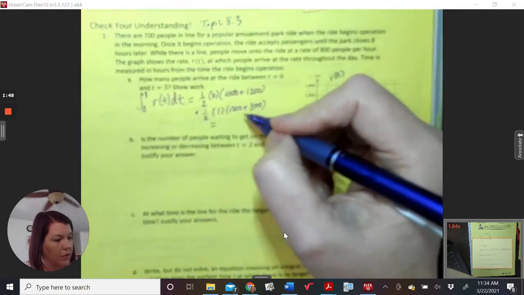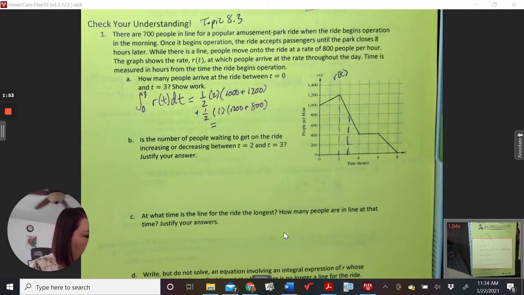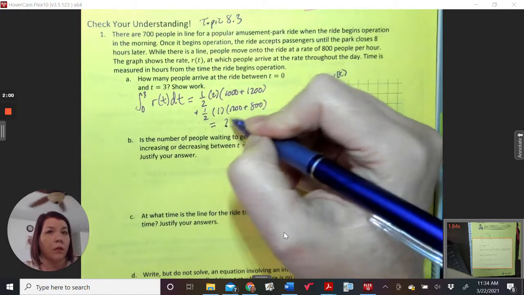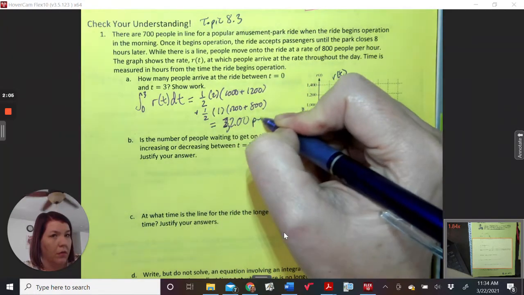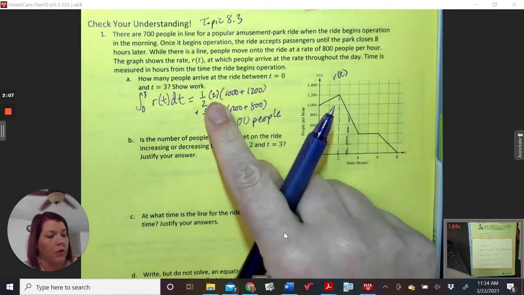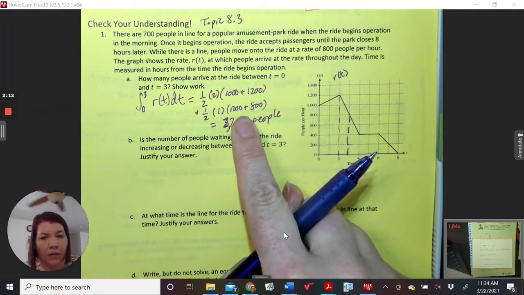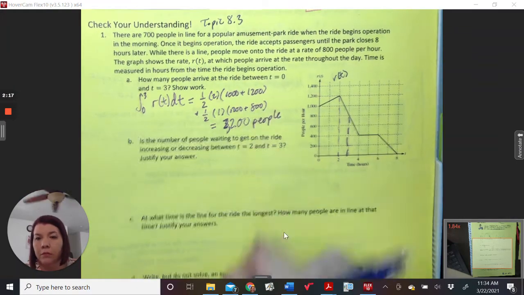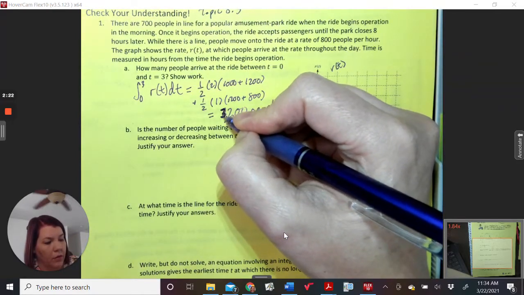So this is 3,200 people. Because this first one is just 2,200, this second one is half of that, that's 2,000. So 1,000 plus 2,000. I mean 3,200. All right.